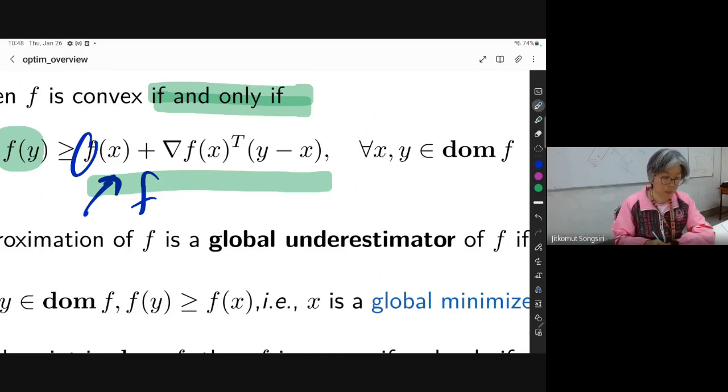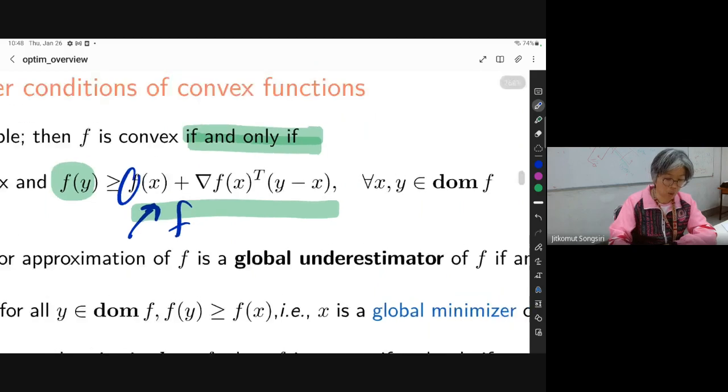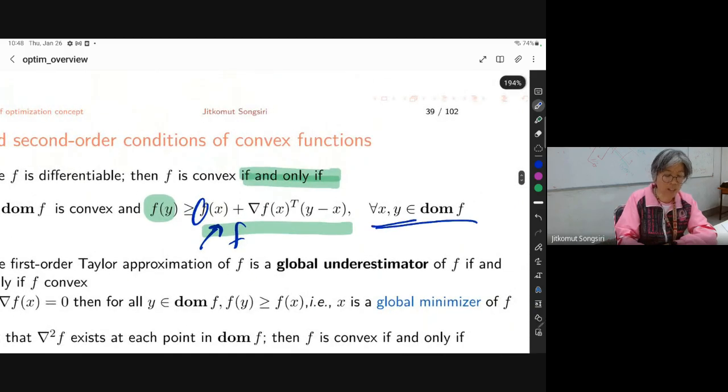In other words, this is the tangent plane of your f at point x. If this condition holds for all x and y, the first order condition guarantees that your f is convex.